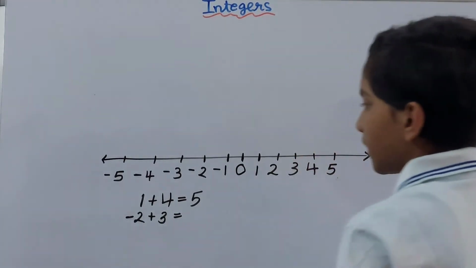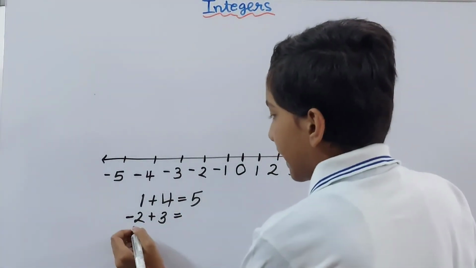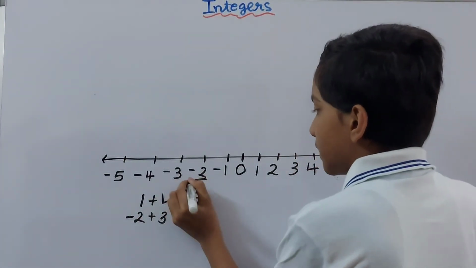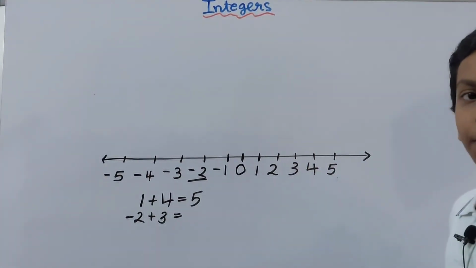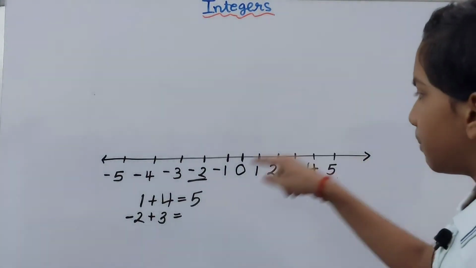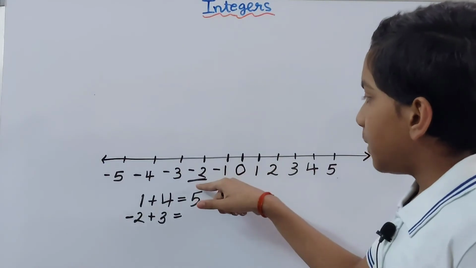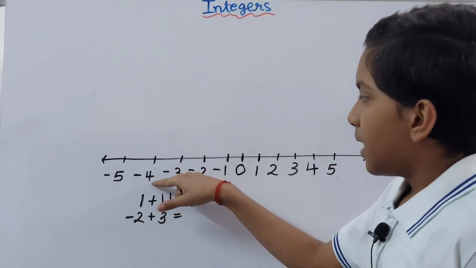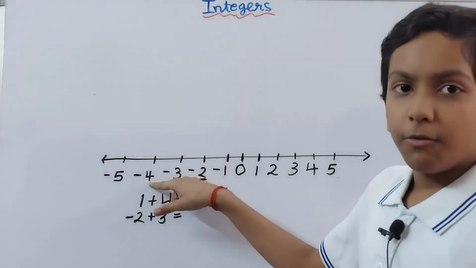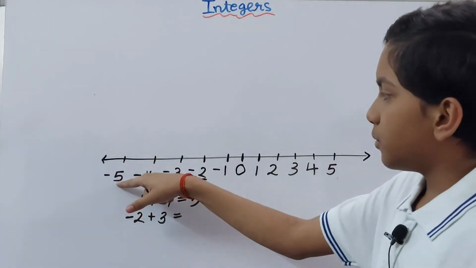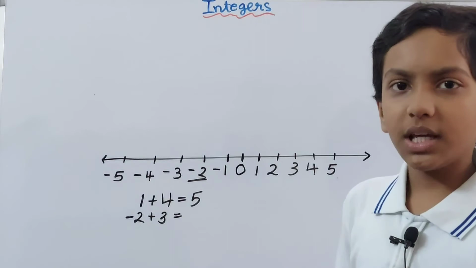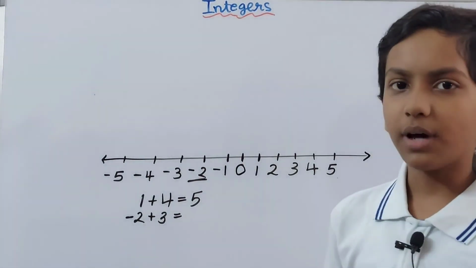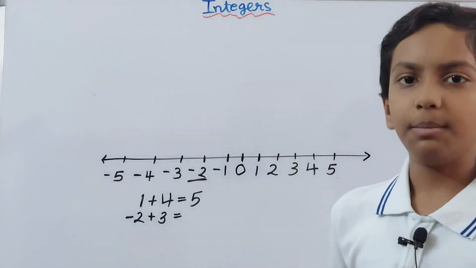So if we will add them, so here we have minus 2 over here. Now if you will add them, you will simply just say minus 5, because you can see from minus 2 to minus 3 1 step, minus 3 to minus 4 2 steps, and minus 4 to minus 5 is equal to 3 steps. So you might say minus 5, but no, that will be wrong.